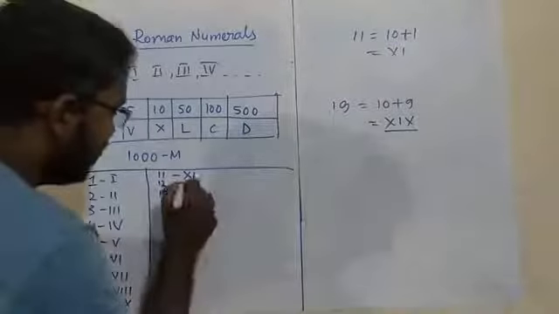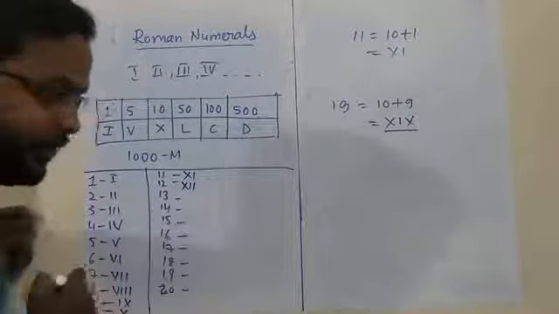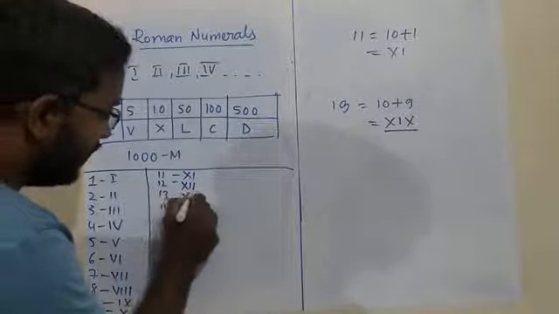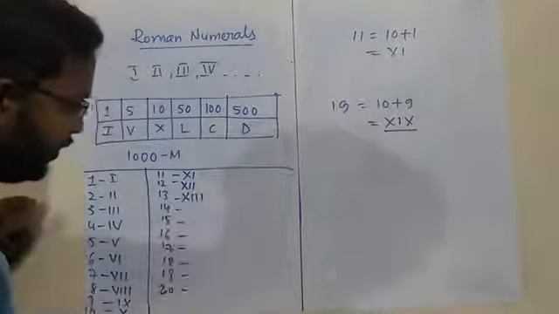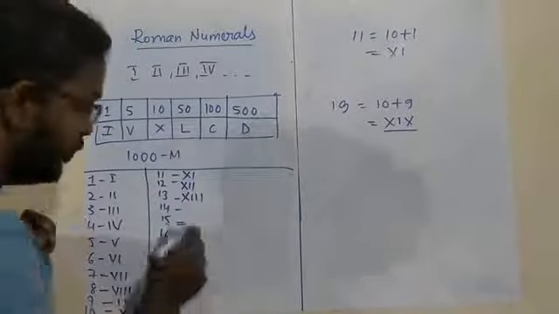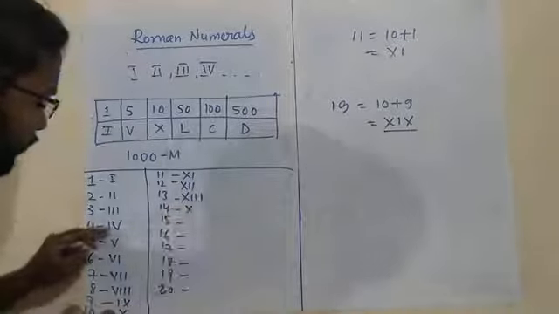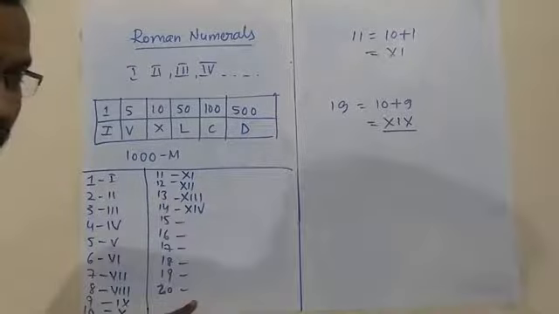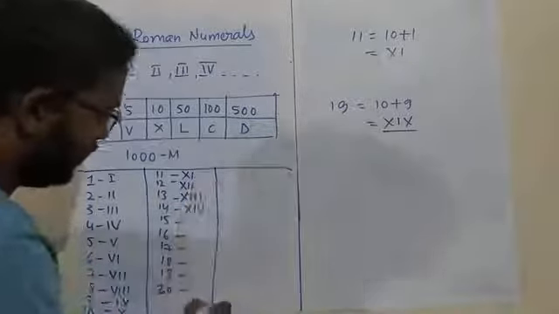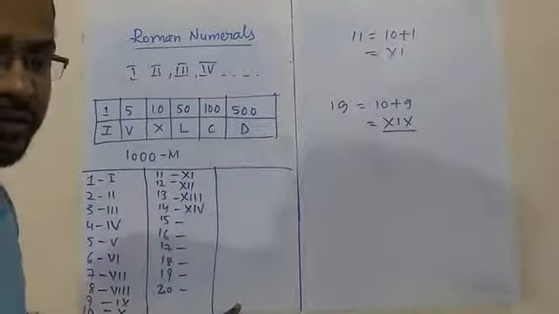Same way you can write 12 as XII, and 13 means 10 plus 3, that is XIII, and 14 means 10 plus 4, this is 10 and 4 means IV, so XIV. Same way you can easily write up to 20.